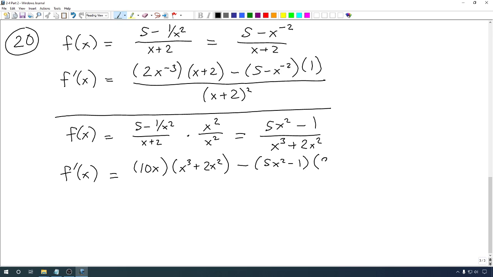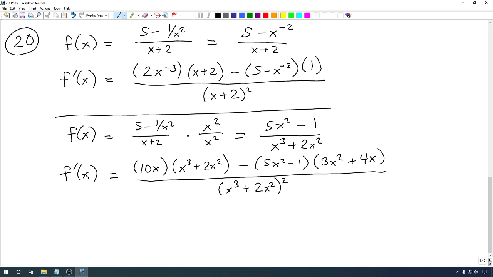X cubed becomes a 3x squared. X squared becomes a 2x, which multiplied by 2 gives us a 4x. Finally, we get to divide by whatever was on the bottom squared. So we have x cubed plus 2x squared, then squared.